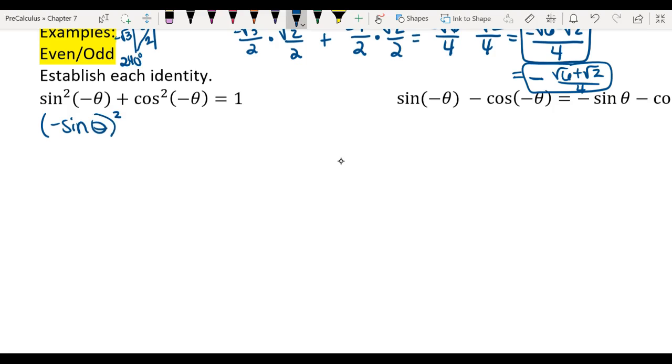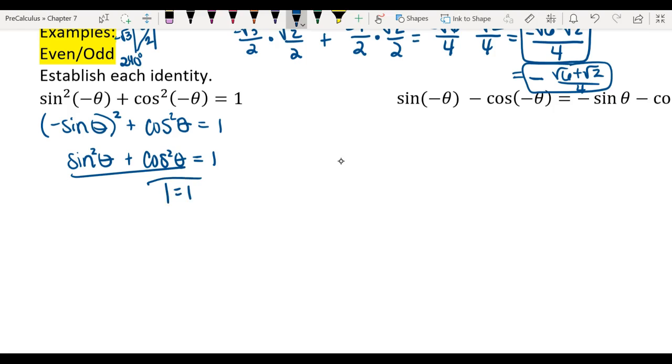That squared is on the outside of this problem. Plus, remember cosine turns positive. So this is cosine of theta squared equals 1. What happens when you square a negative? Turns positive. We can drop that 2 back inside now that we squared it positive. And doesn't this equal 1? Yeah. So we're done.